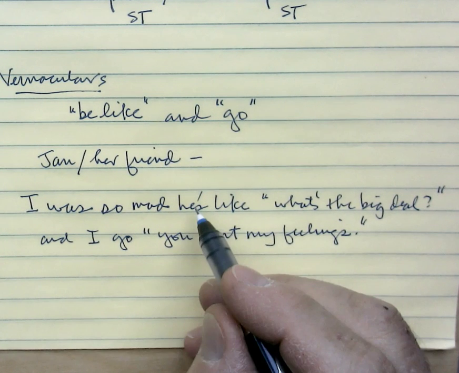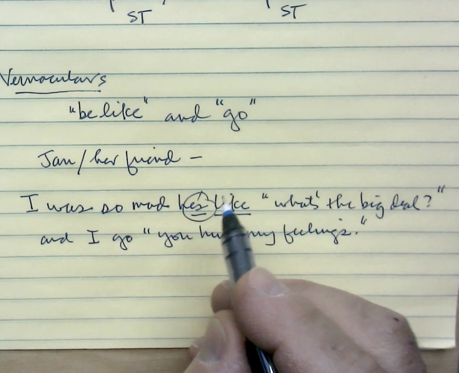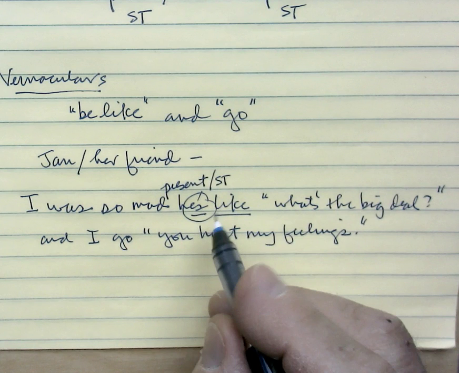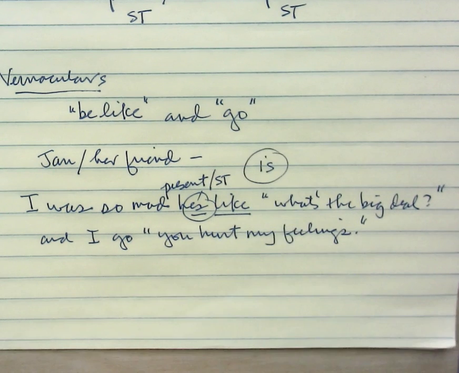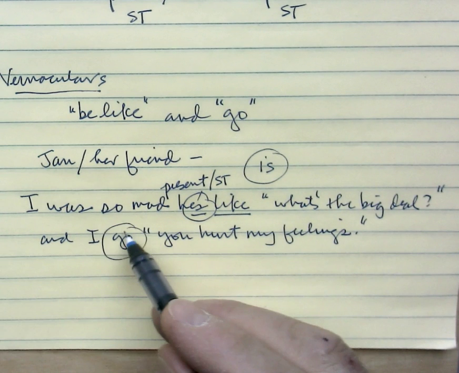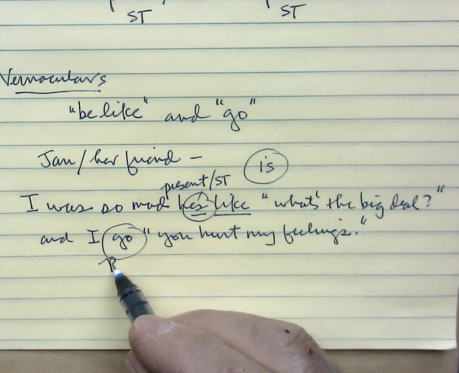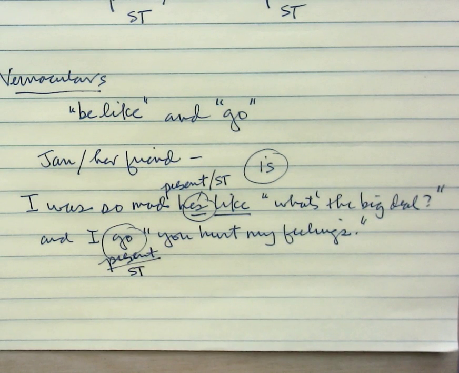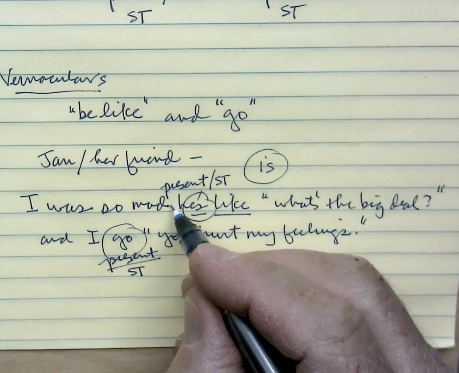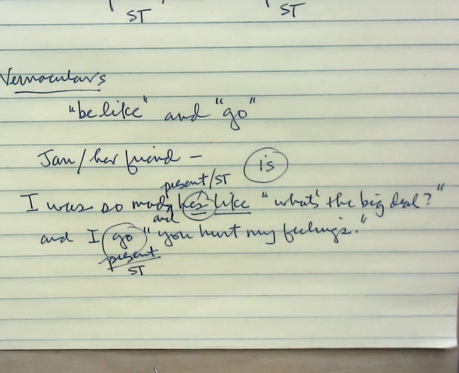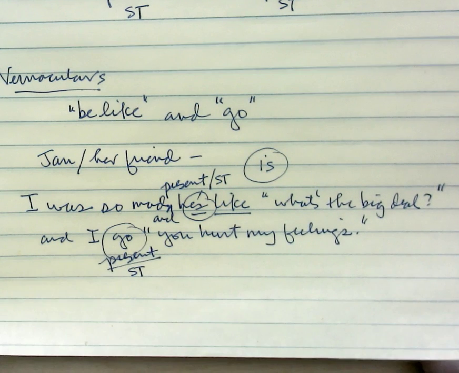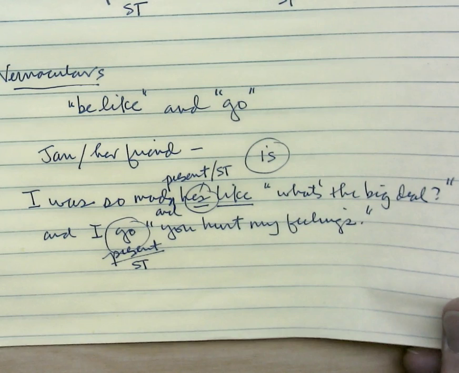This is the be like. Here it's present, same time. Actually, we're using a contraction of is. And the go is also the no S form. It's present, same time. I was so mad. And he's like, what's the big deal? And I go, you hurt my feelings. It sounds like real spoken English, the vernacular.